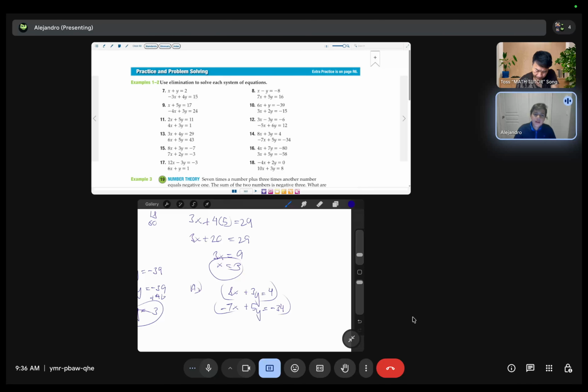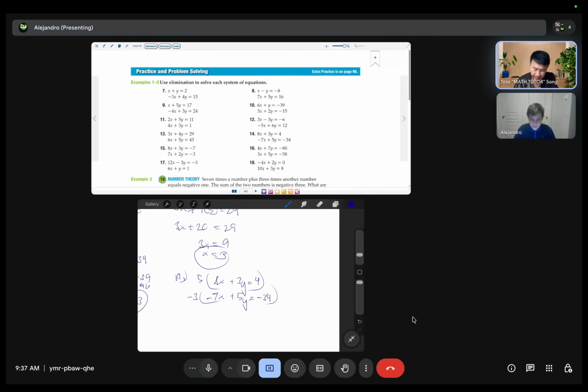We can multiply the top by 5, and then the bottom by 3. Are you sure? And the bottom by negative 3. Yes, and it will help cleaning up the sign on the bottom a little bit. Okay, it looks good to me. All right, let's do it.